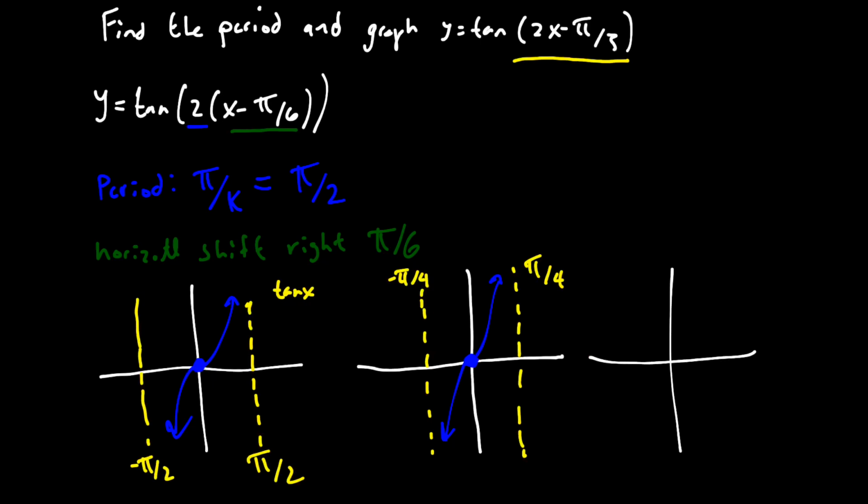So we're going to have a new asymptote at pi divided by 6 plus pi divided by 4 over here, and we'll also have one at pi divided by 6 minus pi divided by 4. And so we'll get a graph that looks something like this.